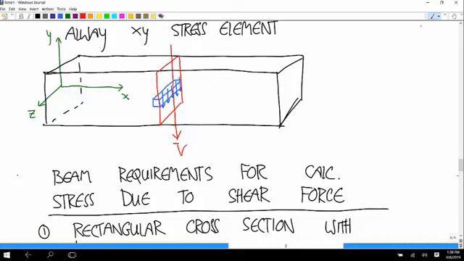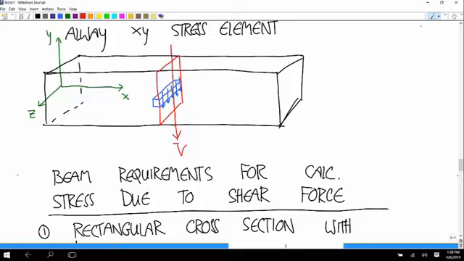I don't know whose idea that was, but that's what we do. A positive shear force corresponds to downward XY stresses, but downward XY stresses on the X face, that's in the negative Y direction. And that's why the signs are opposite of each other.